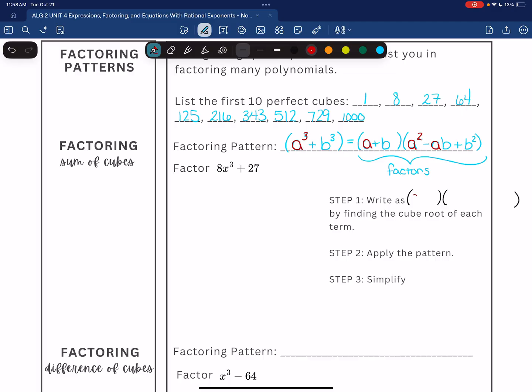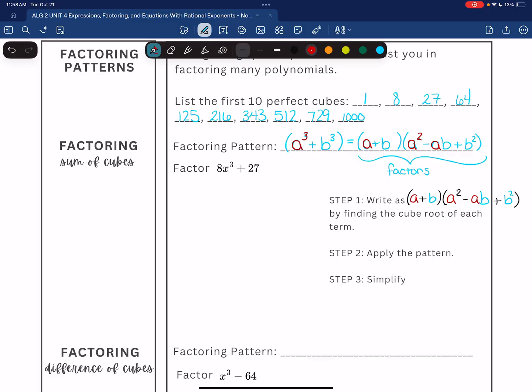So we're going to write it as A, and then plus our B value. And then we're going to take our A and square it, and then subtract from that the product of A and B, and then lastly add our B value and square it.